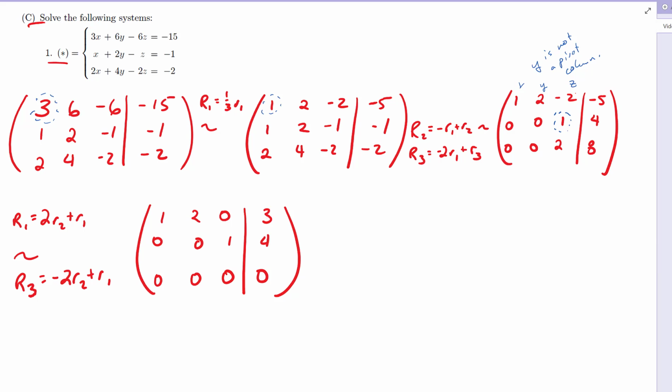So in this case, at the end of the day, when we're done with our matrix row reduction, our Gaussian elimination row operations, notice that we had 3 variables to start with. We still have 3 variables, but we only have 2 pivot columns.